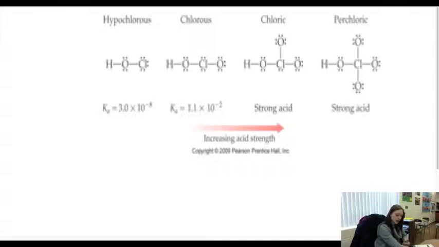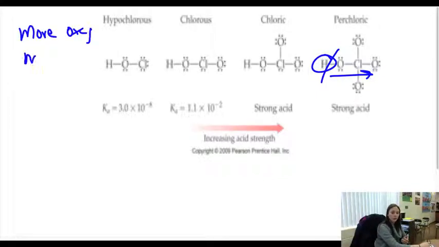The reason is that your electrons get pulled away from the chlorine. The more oxygens you have, the more it gets pulled this direction and away from the H. The more easily that H breaks off, the more acidic it is. So the more oxygens you have, the more acidic it is.